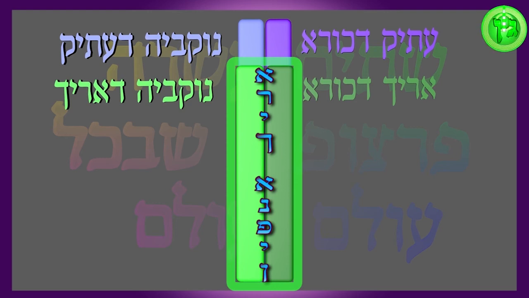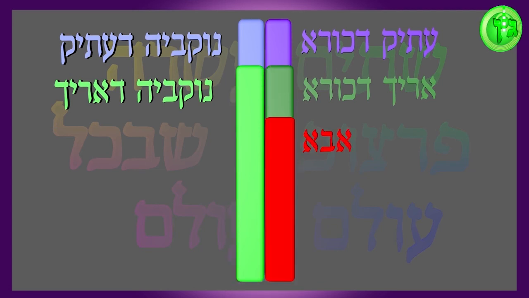Returning to our discussion, after the male and the female sides of Arich Anpin, then come along the Partzuf called Abba, as we see here in the color red, as well as the Partzuf called Ima in the color pink.